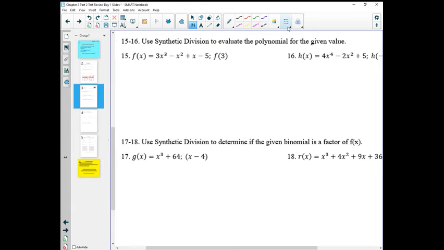On questions 15 through 16, our directions say use synthetic division to evaluate the polynomial for the given value. This comes from section 2.3b, where we learned about synthetic division. This also applies what we learned as the remainder theorem.